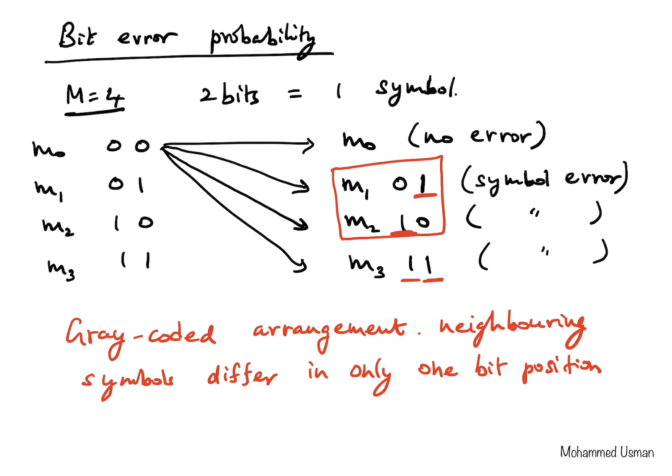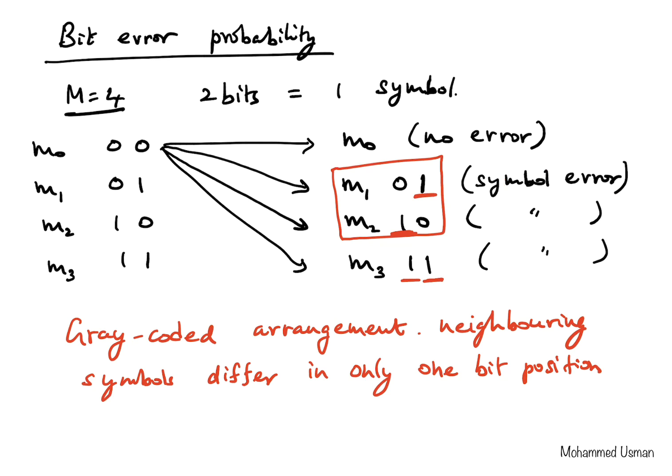So we want to avoid that situation, and to avoid that, we arrange the symbols in what is called the gray coded arrangement, such that the neighboring symbols are different in only 1 bit position. Once we have such an arrangement, then there is a high probability that if an error happens, it would have only 1 bit error in 1 symbol error.